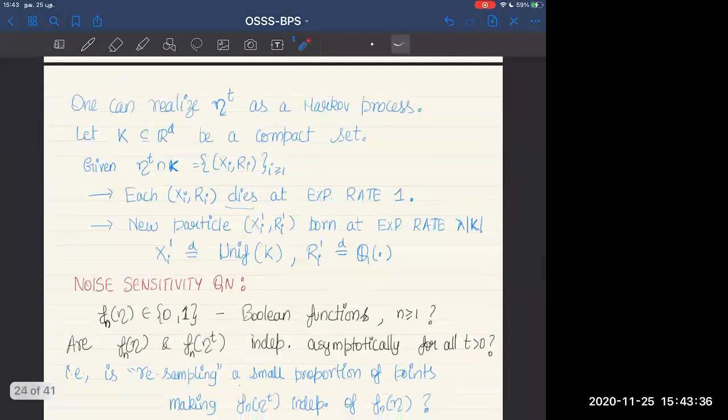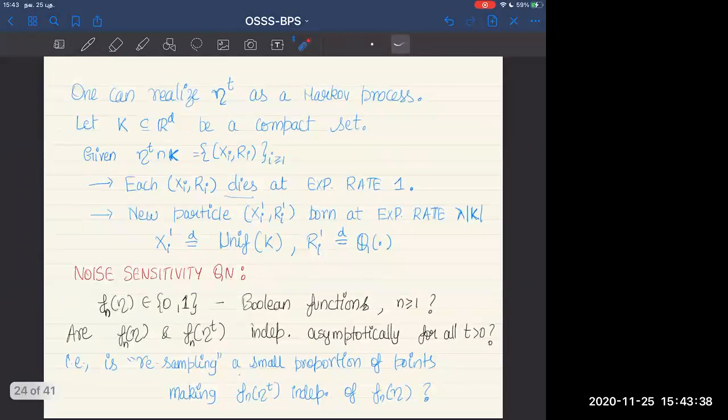What is noise sensitivity? If I give you a 0,1 valued function f_n of eta, a sequence of Boolean functions, is it true that for all t, f_n of eta and f_n of eta t are independent as n goes to infinity?